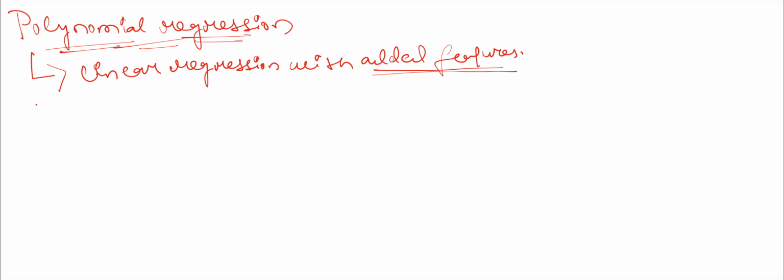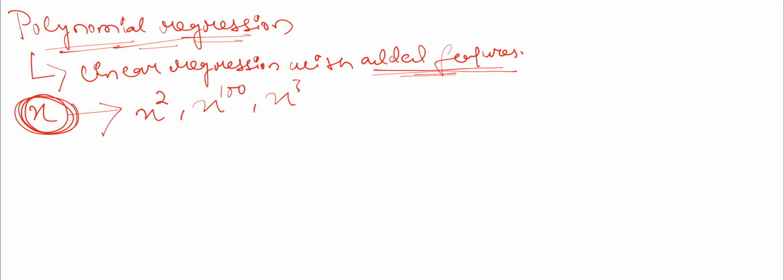While working with our linear regression model, we have our input data set X. These added features mean this original input value X, we are just playing with it or manipulating it, making it something like x squared or x to the power 100 or x to the power 30, something like that.